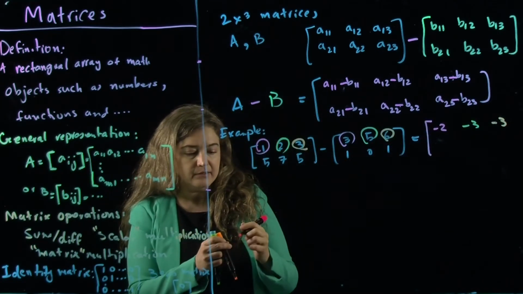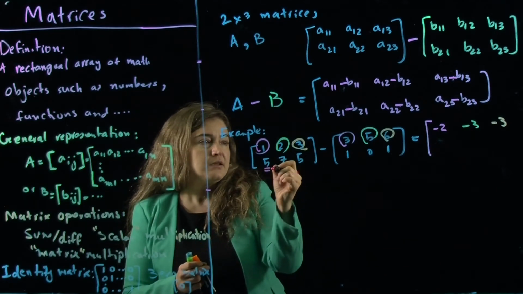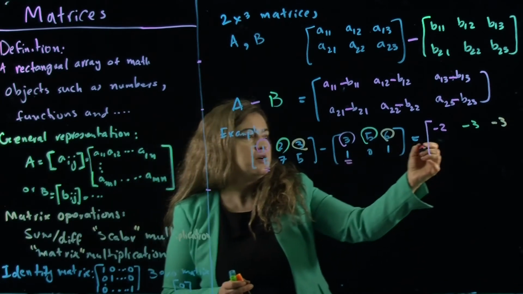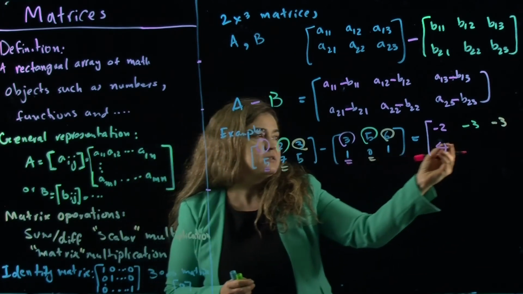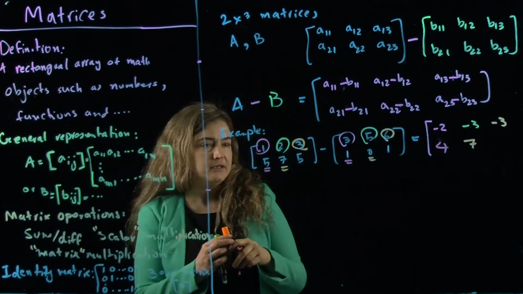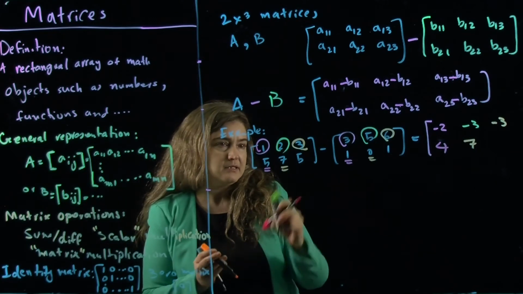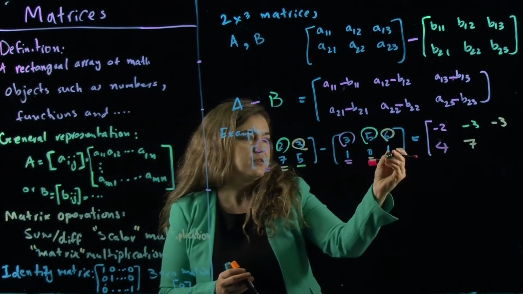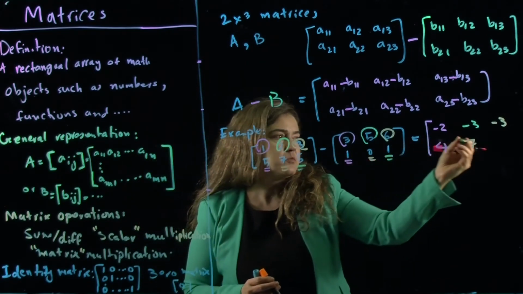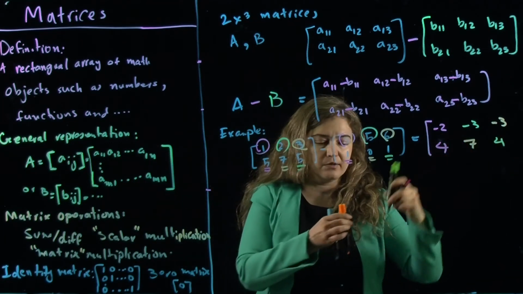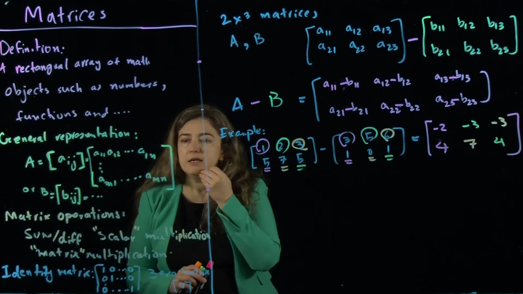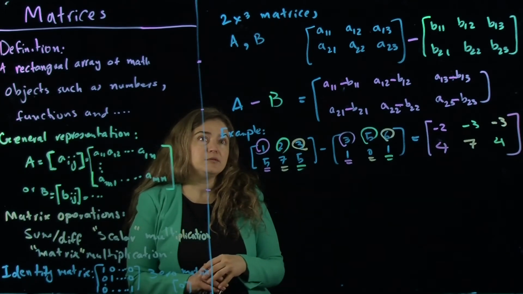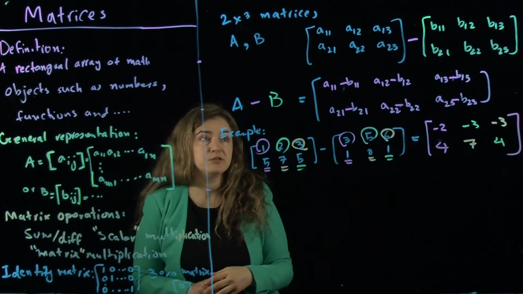And then let's say 5 minus 1 goes to this one. 7 minus 0 goes to that one. And then the last one is 5 minus 1, which is 4, and goes to that one. Okay, so we're done with the sum and difference of two matrices.